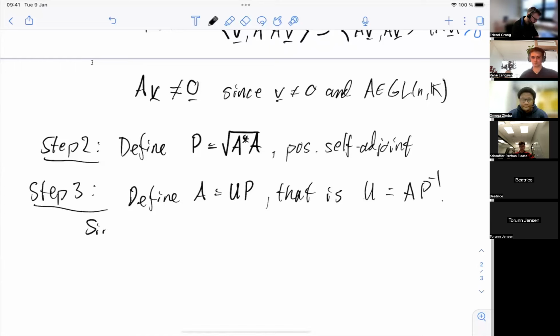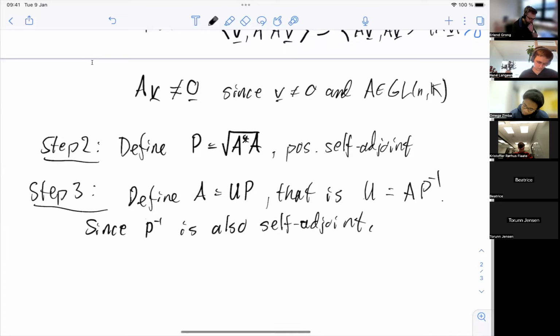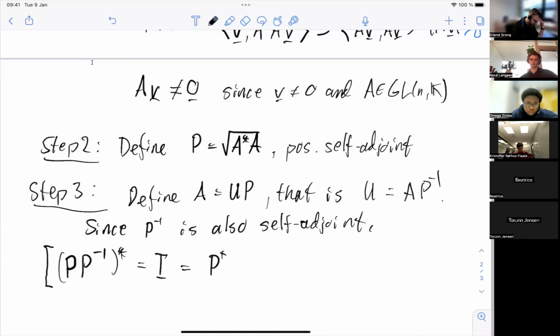And then since P inverse is also self-adjoint. Let me just show that. If I take P and P inverse and take the dual, that should still be the identity, since the identity is self-adjoint, but it's also P star P inverse star.